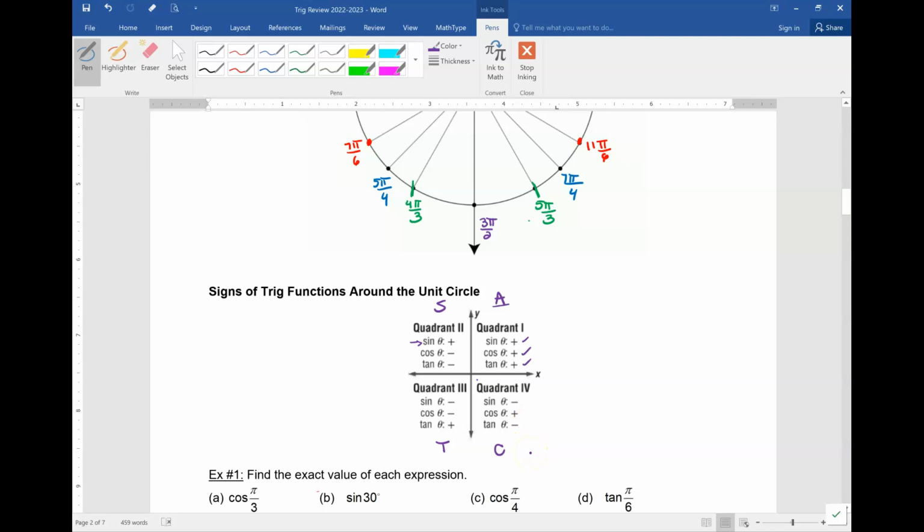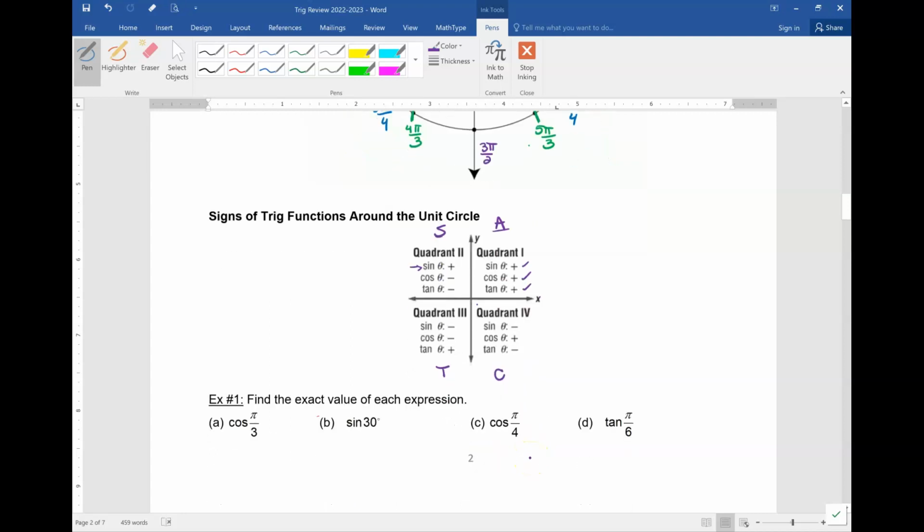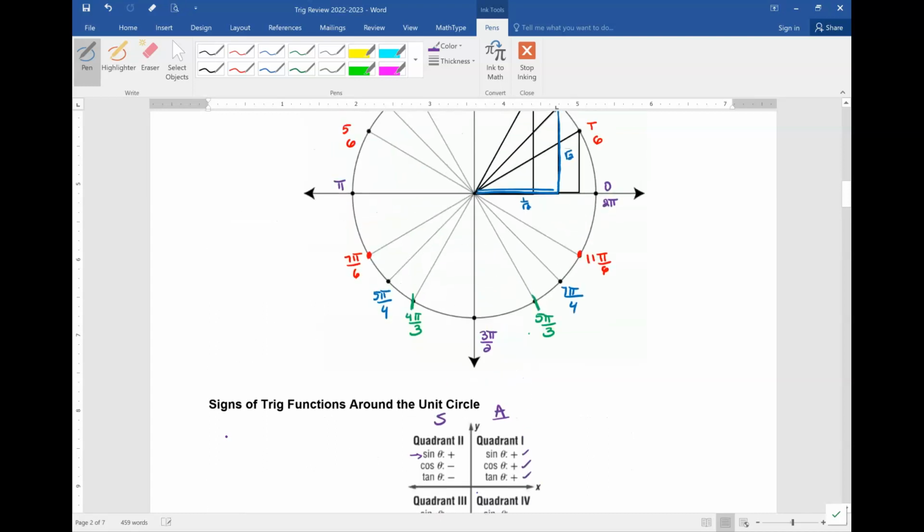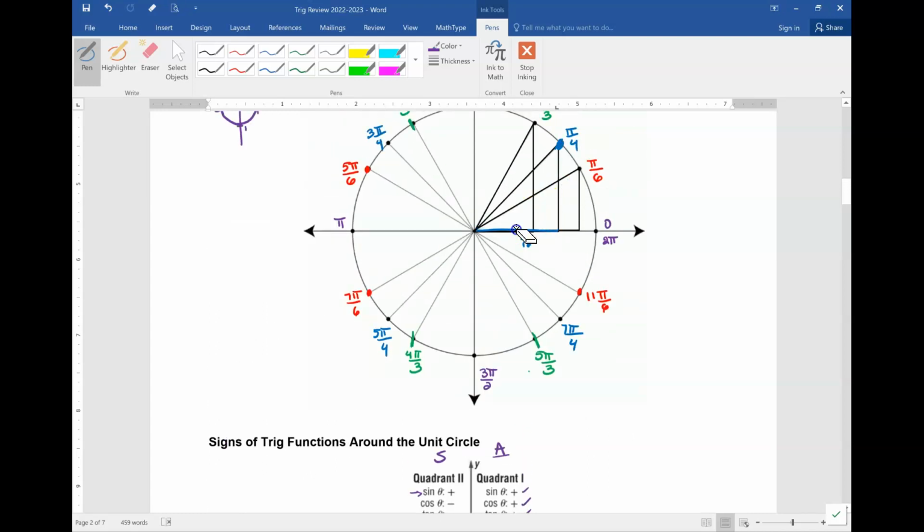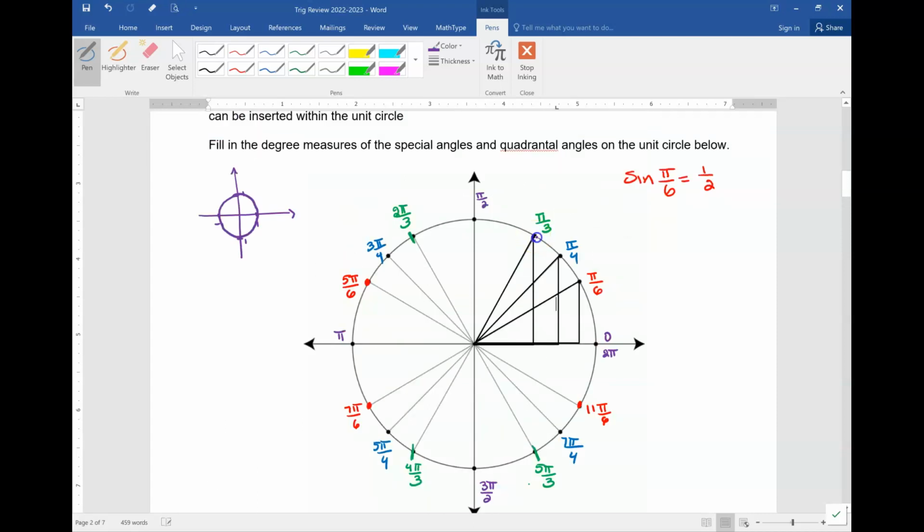Okay, fine. Let's do some actual examples now. I need to find cosine of pi over 3. Okay, so here, we're going to go here. Cosine of pi over 3. Pi over 3 is this one. How do I get to that point? I have to go horizontally and vertically. Cosine is always horizontal. So to get to that point of interception, the horizontal distance is the smaller distance for the pi over 3.